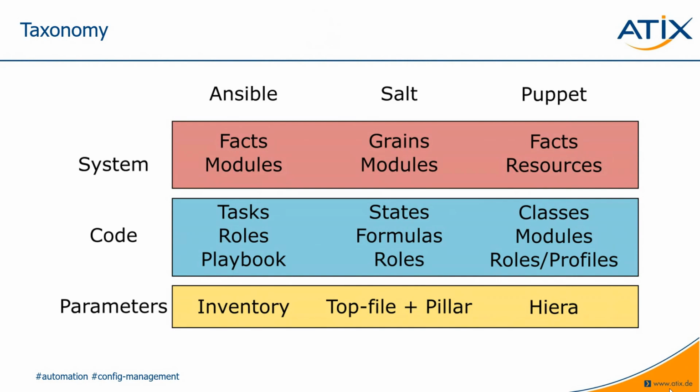So it's something between a playbook and a role. And if you have your state already available, consisting of maybe more than one state, and it's universal and available on GitHub, they call it a formula.